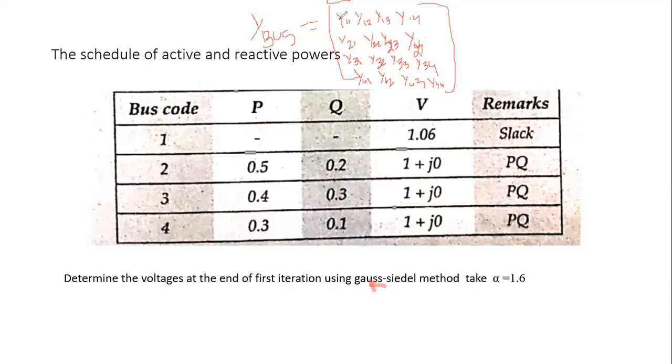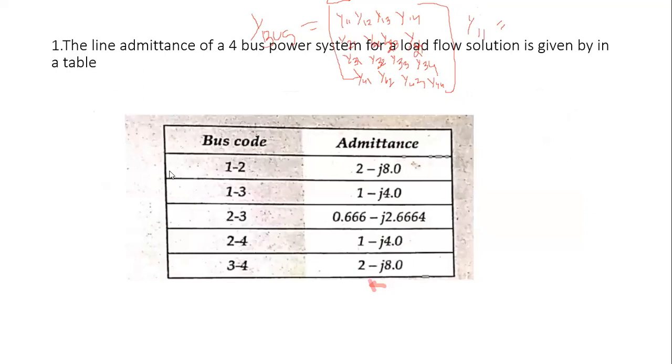Then we determine the Y-bus matrix elements. First we determine the diagonal values, that is Y11, Y22, Y33 and Y44. How do we determine the diagonal element Y11? It is observed from the bus data table, these are admittance values.